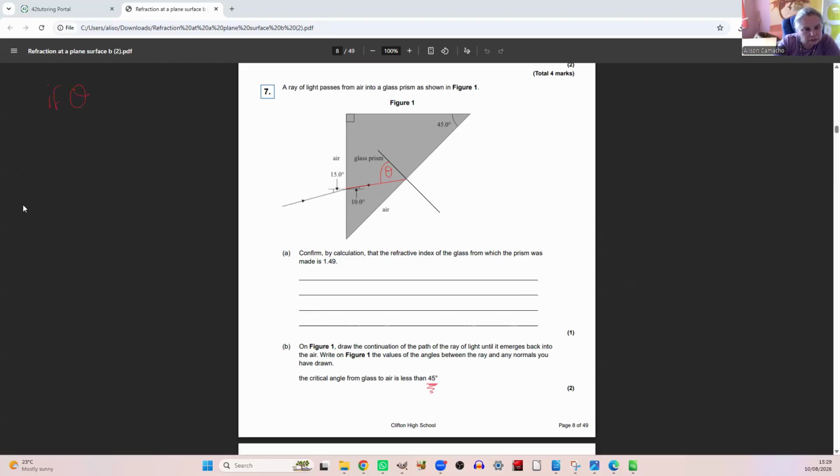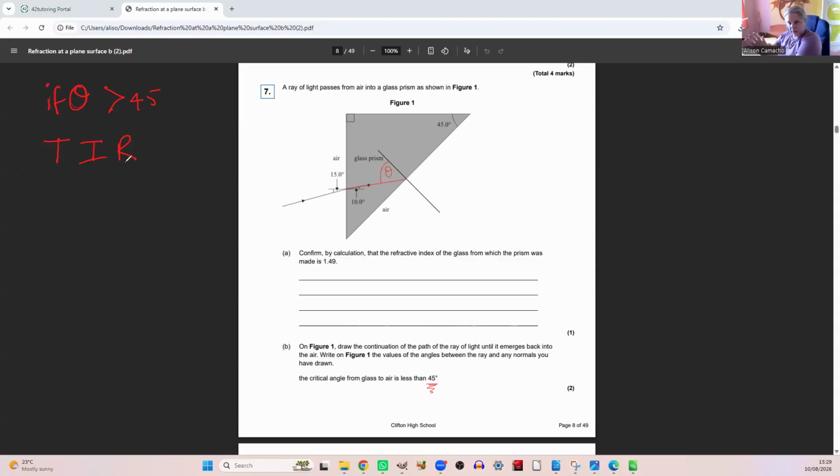If theta is greater than 45, then I'm going to get total internal reflection. How can I figure it out?